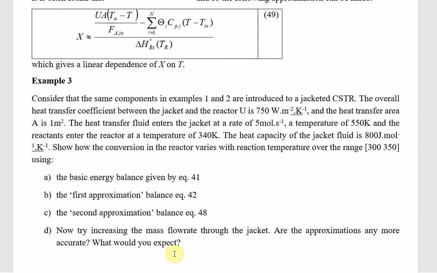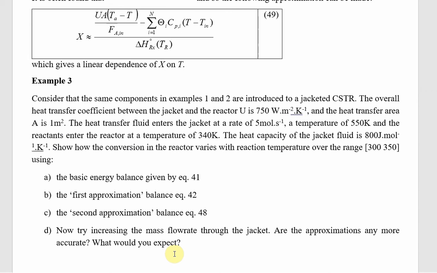So here's this example where we are looking at the same components that we had discussed before. So we had A plus B gives us C plus D, and then we also had an inert, and then we had outlined the heat capacities and the heat of reaction and so on. Now we are extending that same example, and we are providing here the overall heat transfer coefficient and the heat transfer area.